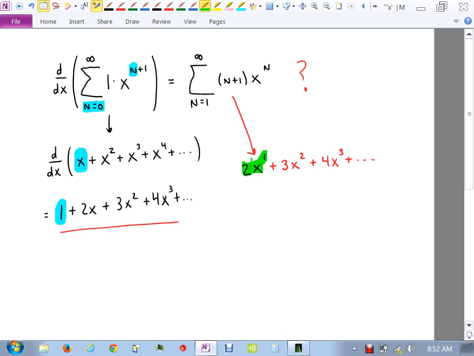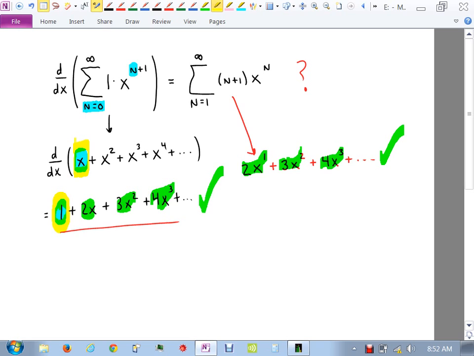We have 2x to the 1st power, we have our 3x squared, we have our 4x cubed, and everything else should be good. So we're good with the rest of this. But what we're missing here is that 1. So the reason why, again, is because when n was 0, we did not get a constant here.